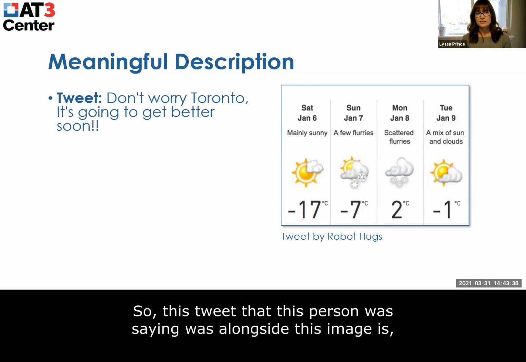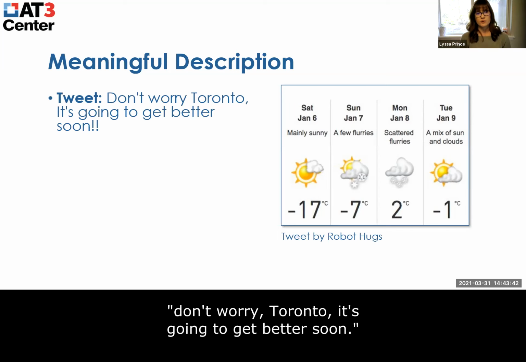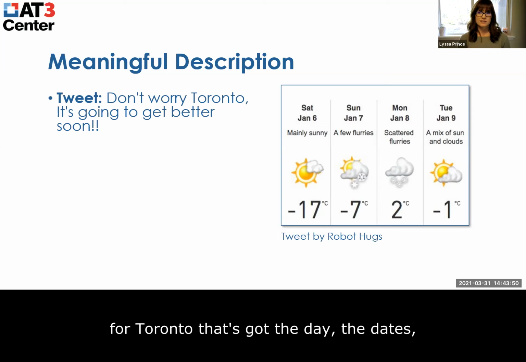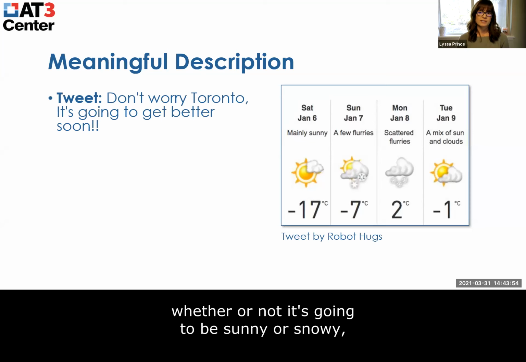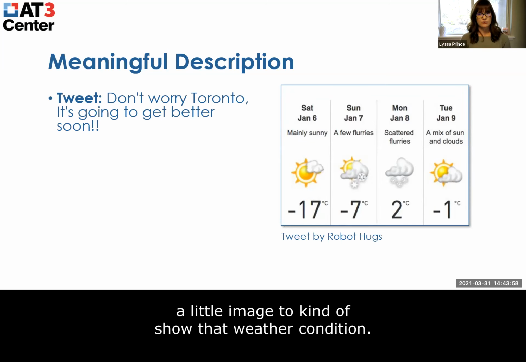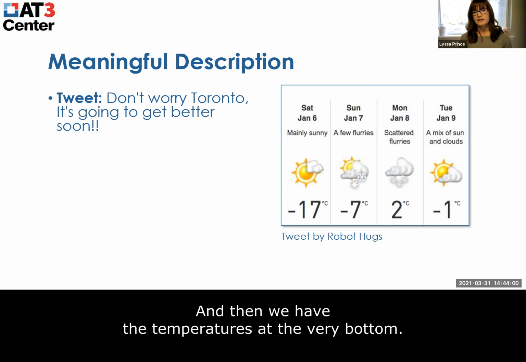All right, so the tweet that this person wrote alongside this image is, "Don't worry, Toronto, it's going to get better soon." And the image that we have here is a 4-day forecast for Toronto that's got the day, the dates, whether or not it's going to be sunny or snowy, a little image to show that weather condition, and then we have the temperatures at the very bottom.